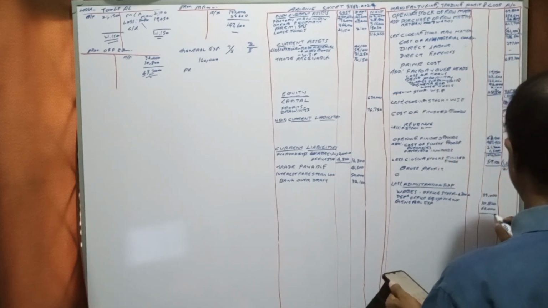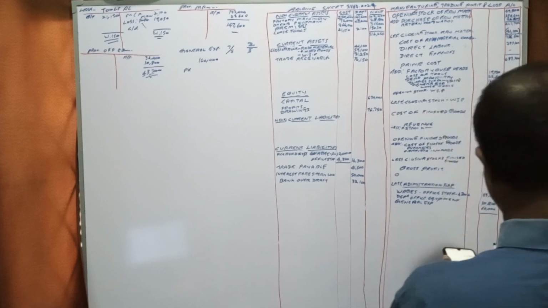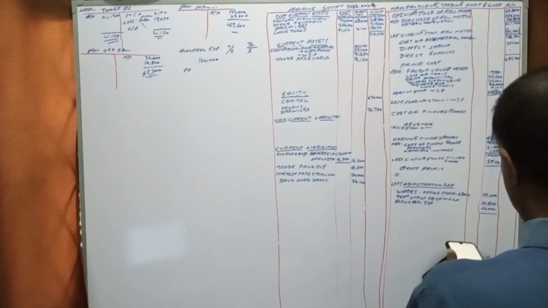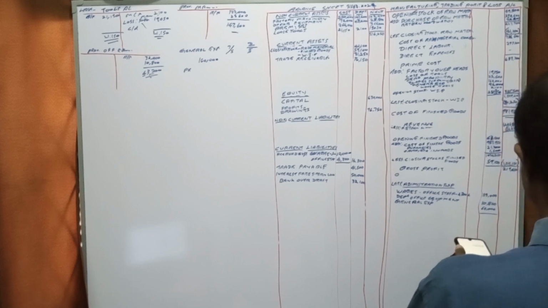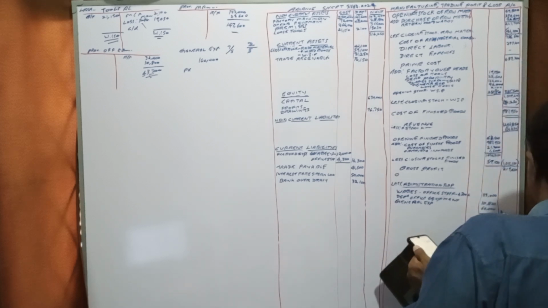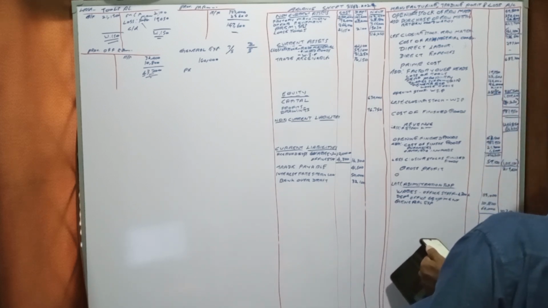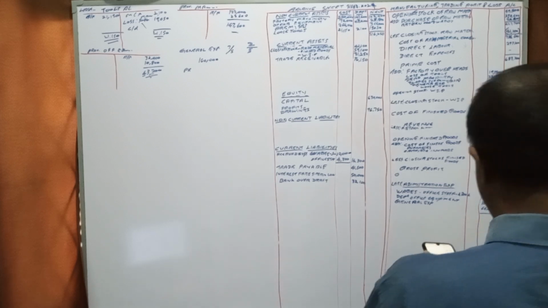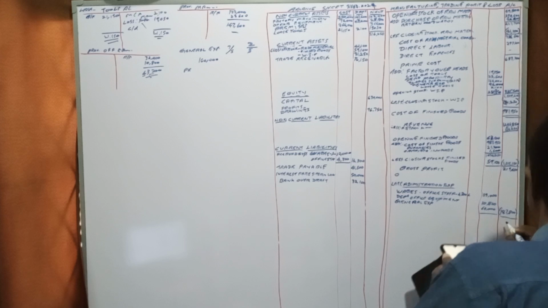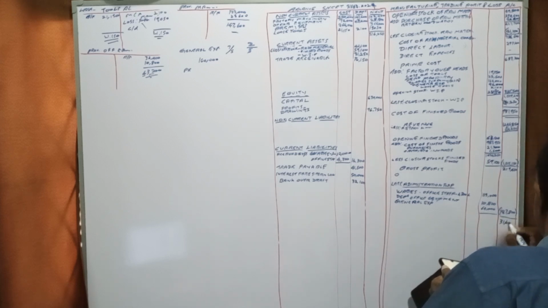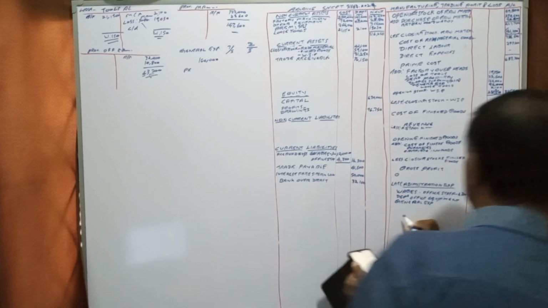From that, if you deduct 113,000 plus 10,800 plus 64,000, 187,800, you have to deduct it, minus 219,450, 31,650 is the net operating profit.